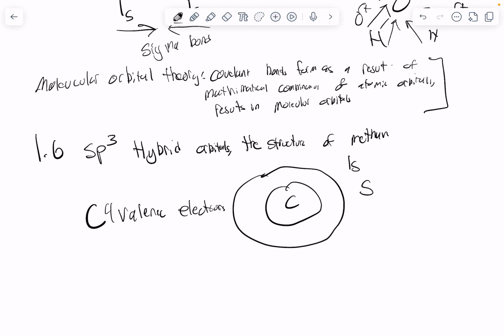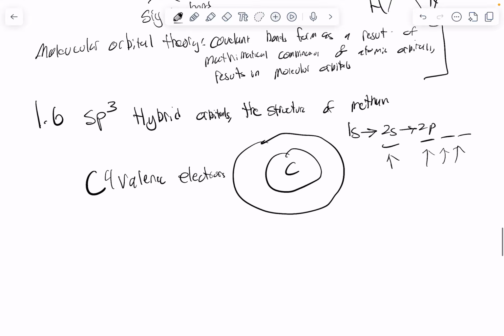It goes 1s, then 2s, and then 2p, right? So carbon has this 2s orbital, but then also has these 3 p orbitals, okay? And it can use these 4 orbitals to hybridize to form 4 equivalent atomic orbitals with a tetrahedral organization, okay?